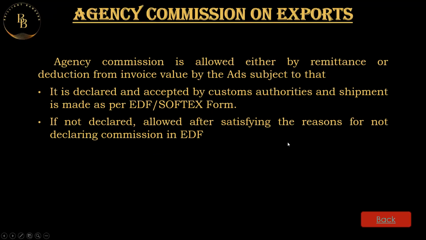Agency commission is allowed either by remittance or deduction from invoice value by the authorized dealers, subject to the condition that it is declared in the relative EDF and accepted by the customs authorities. It is already declared in the EDF about the commission and accepted by the customs authorities, and the relative shipment has already been made.